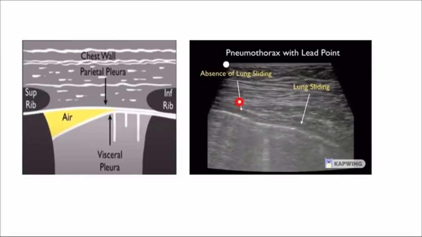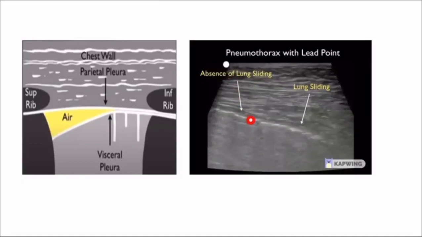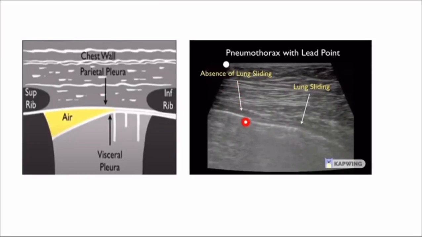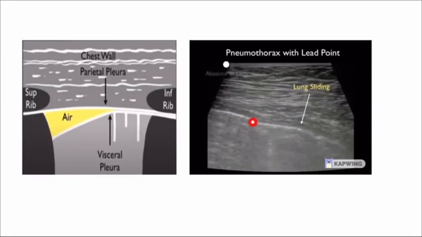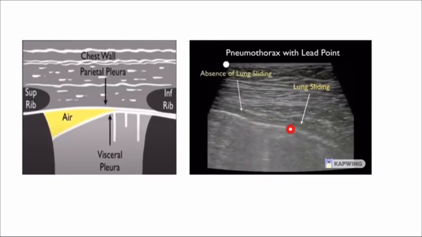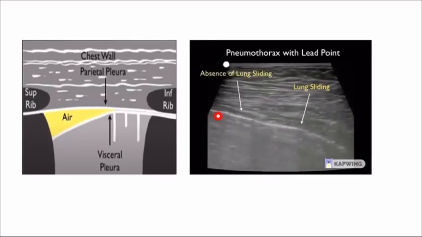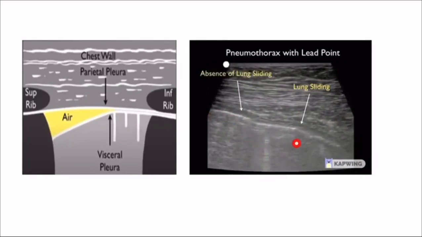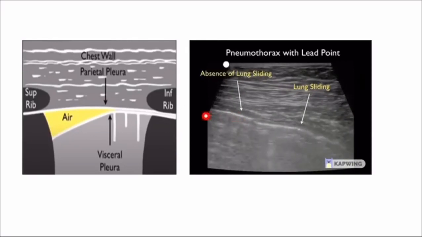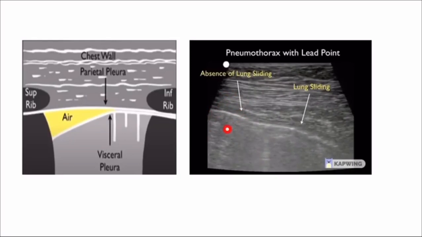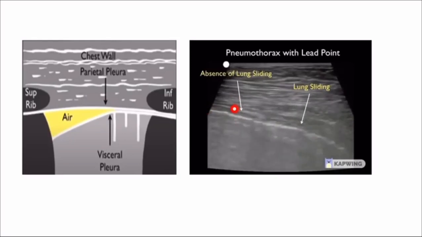So this is what we term as a pneumothorax with a lead point, in which there is a point in which there is a transition between the sliding portion and the non-sliding portion of the parietal and visceral pleura. So this is also an example of a positive EFAST with a lead point.